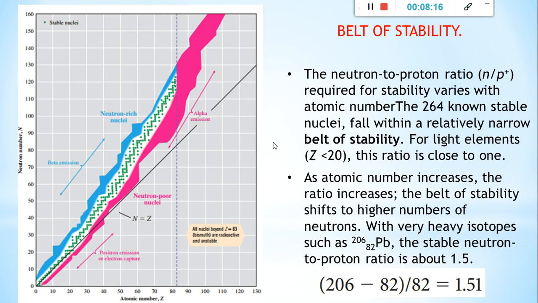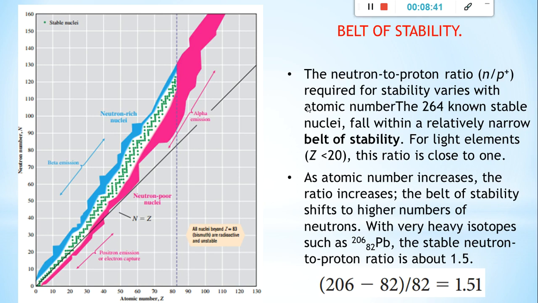But we also need to take note that for light elements, when Z or atomic number is less than 20, this ratio is close to 1. As the atomic number increases, the ratio increases. This means that the belt of stability shifts to the higher numbers of neutron.